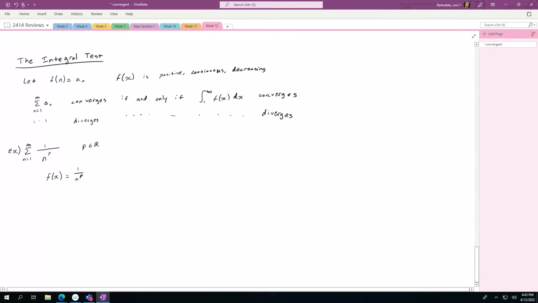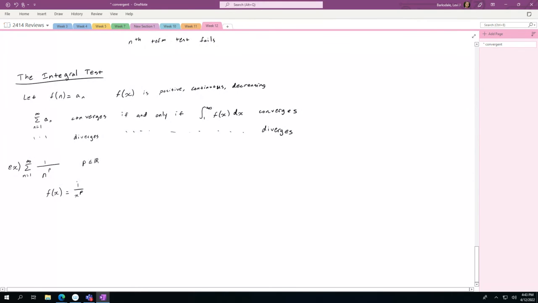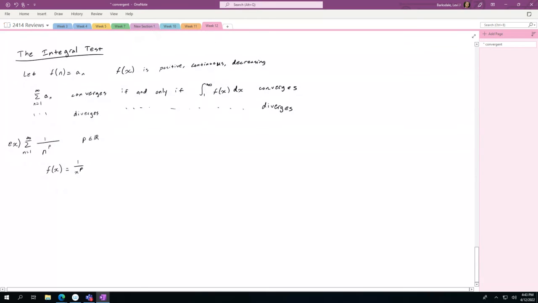Well, first things first, I need to find my integral, right? Technically speaking, I would need to check that f of x is positive, continuous, and decreasing. In this case, x to the p is always going to be positive when x is positive. It's always continuous when x is larger than 0. Technically, it only is decreasing when p is, let's see, sorry?